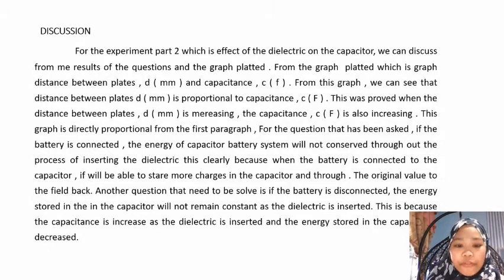Another question that needs to be answered is, if the battery is disconnected, the energy stored in the capacitor will not remain constant as the dielectric is inserted. This is because the capacitance is increased as the dielectric is inserted and the energy stored in the capacitor is decreased.